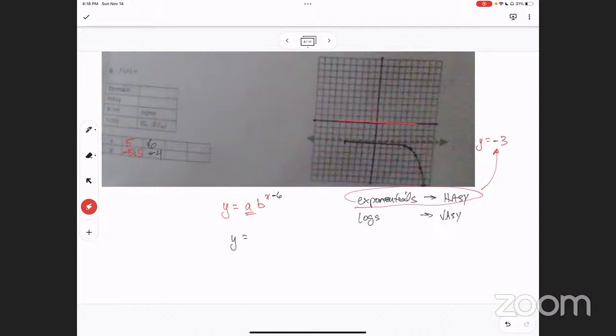Your normal graph goes through 0, 1, and then you go up however many it is. So if your base was 3, it would be 1, 3 right there. If your base was 4, it would be 1, 4. You understand?